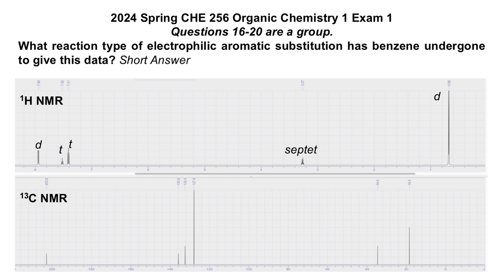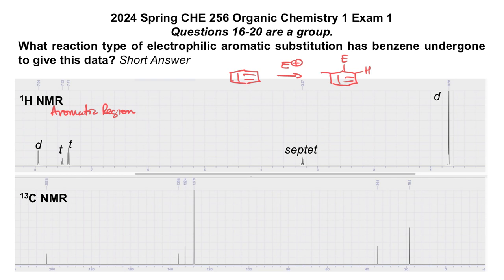What reaction type of electrophilic aromatic substitution has benzene undergone? So it's telling you that benzene has reacted with some electrophile to form a monosubstituted benzene. And so a monosubstituted benzene, if you look at the aromatic region, you have three unique signals, and that's what you see.